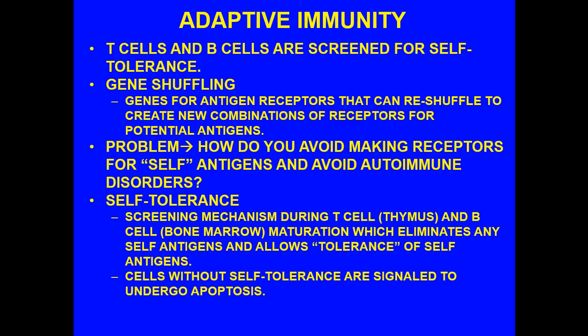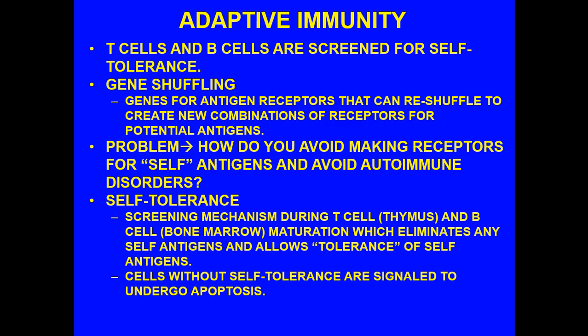T cells would be in the thymus, B cells would be in the bone marrow. And what are they going through? Detection for self-tolerance. Now, self-tolerance is like basically saying, okay, I see you as cardiac tissue, I see you as neurons, I see you as epithelial tissue, and I see all of your proteins. That's fine. That's not my target.